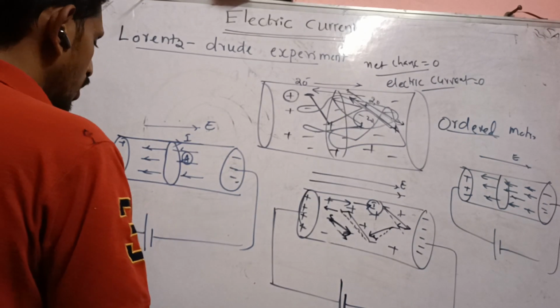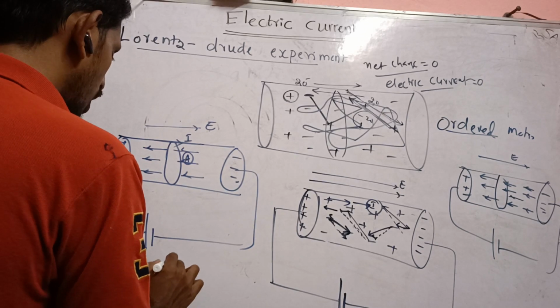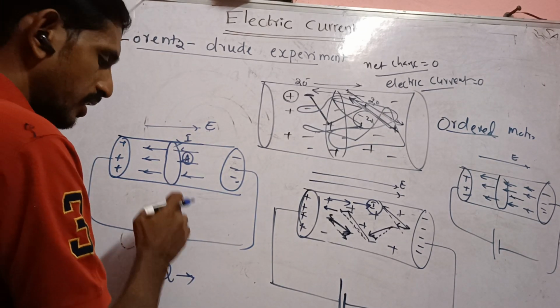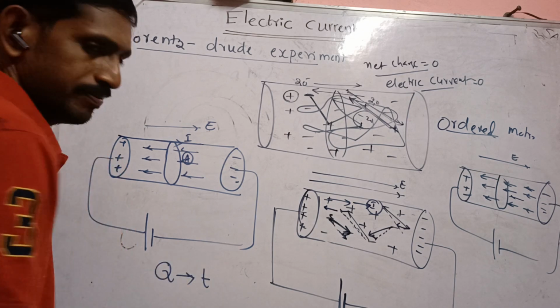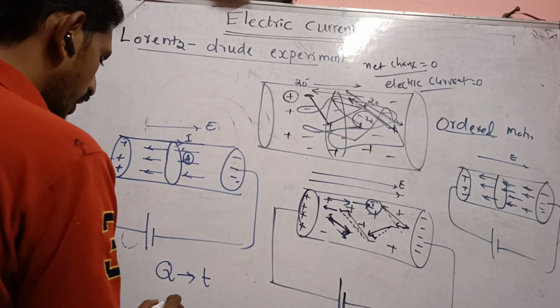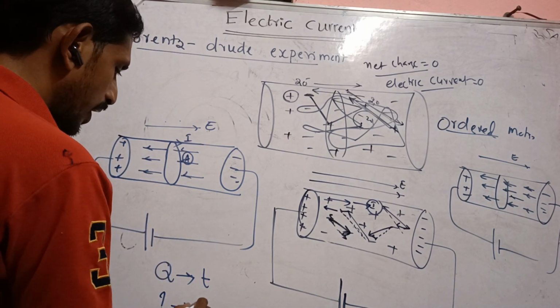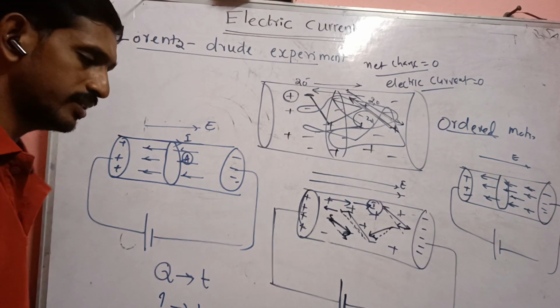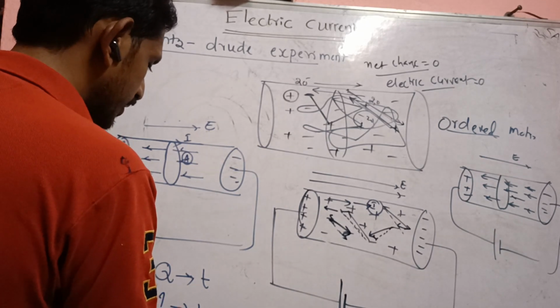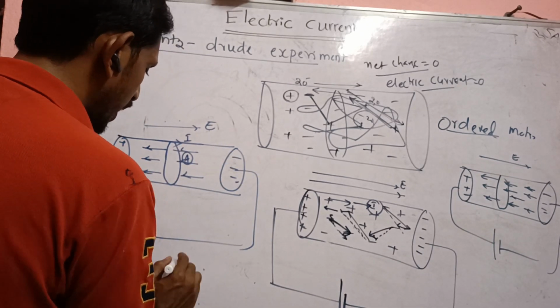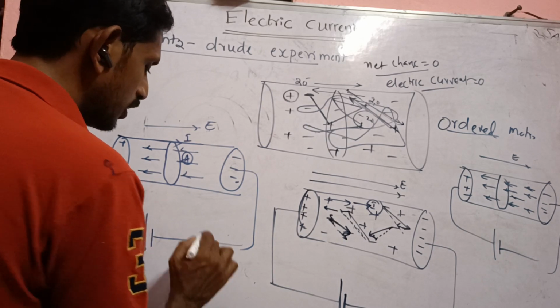Now Q charge is passing through this cross section in t seconds. So how much charge is passing in 1 second? That is called electric current. In t seconds, Q charge is passing.